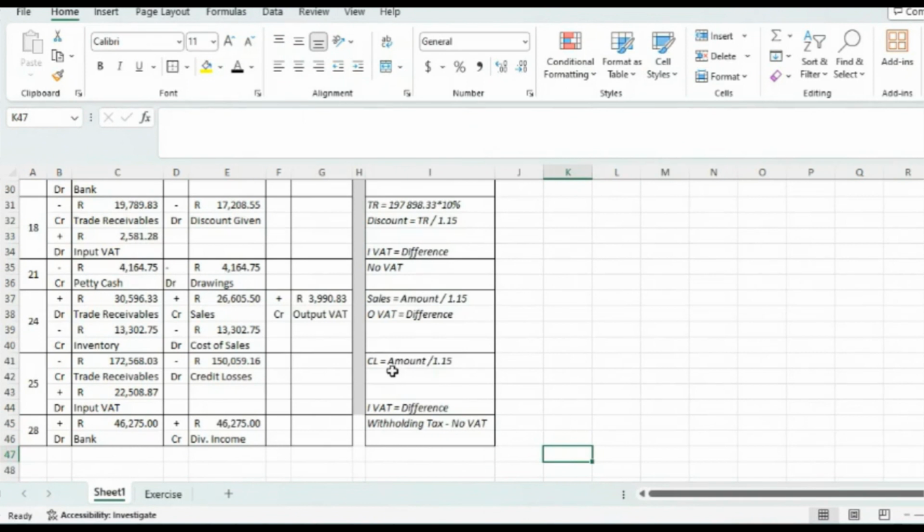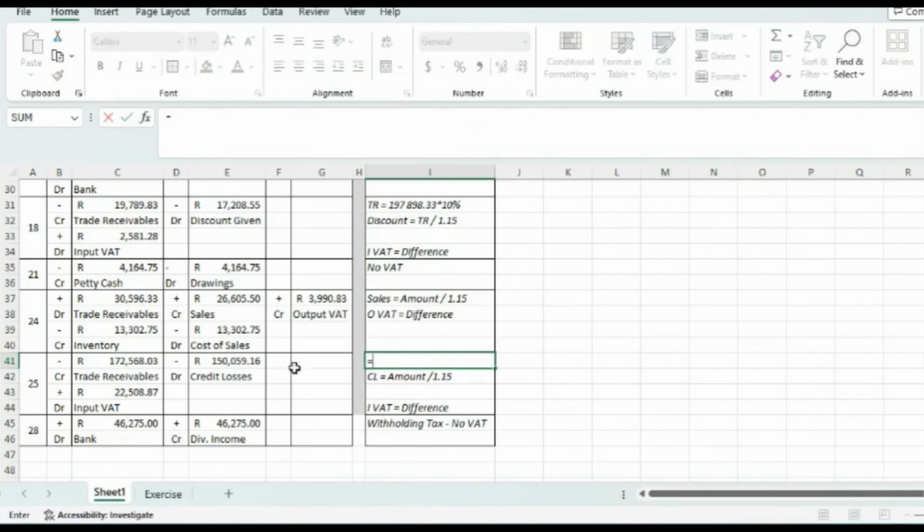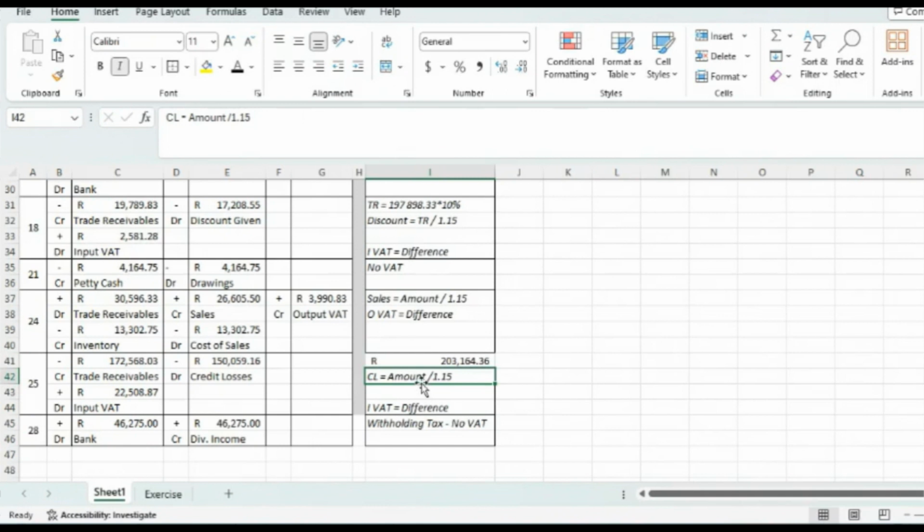And that note will have to be, I'm going to move this. And then I'm just going to say equals the 172 plus the 30 there. Okay.